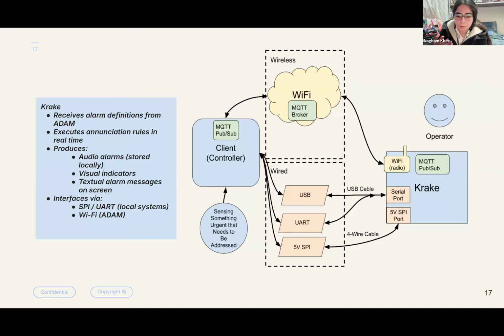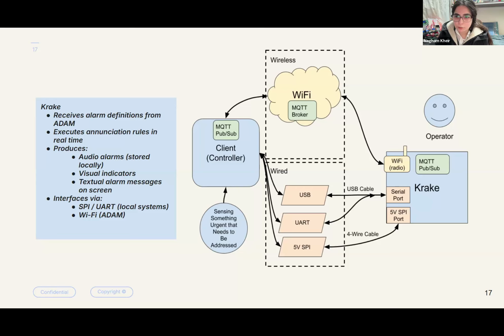Krake subscribes to a broker, and then the alarm is published to this broker. And this is possible because of the Wi-Fi interface. However, that doesn't mean that Krake cannot communicate with older equipment that is not Wi-Fi enabled, because it also has the SPI and the UART interfaces.